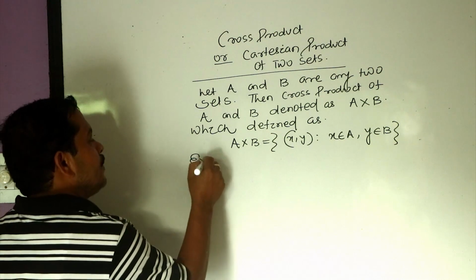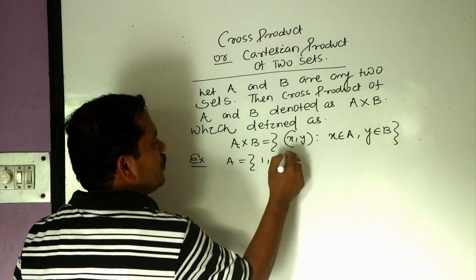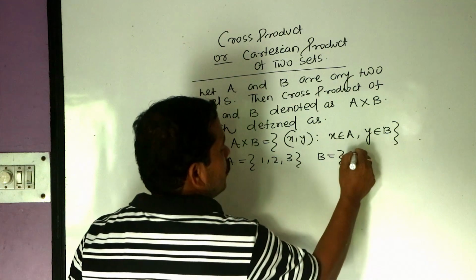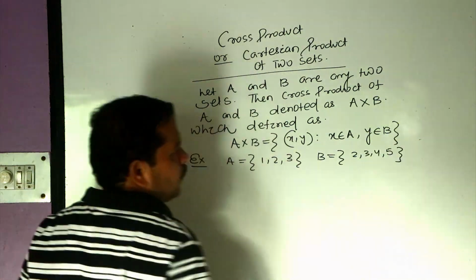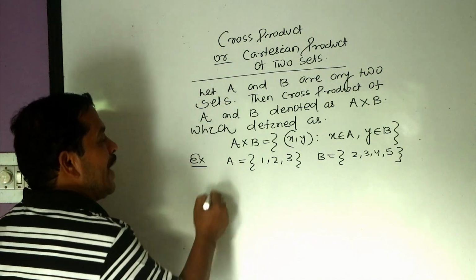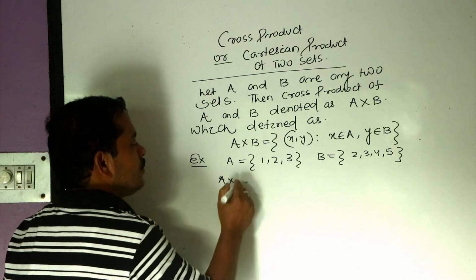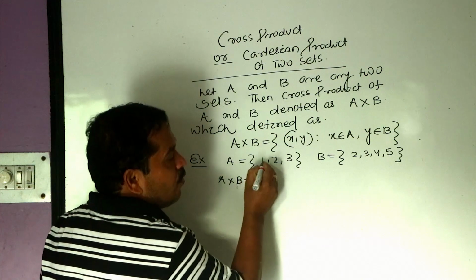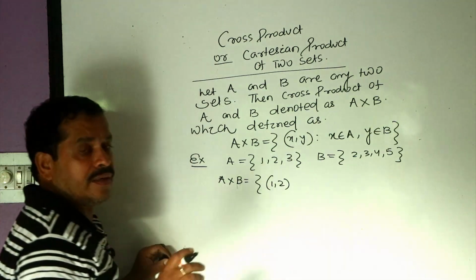For example, suppose A contains the elements 1, 2, 3 and B contains the elements 2, 3, 4, 5. Then we can find A cross B as follows. First take 1 with 2: (1, 2). It is a pair element.